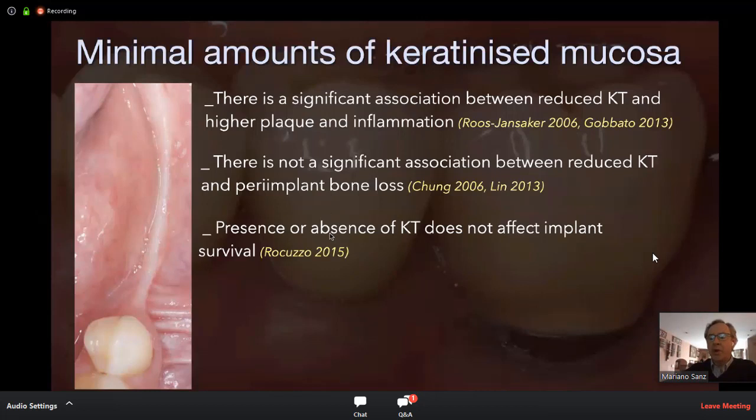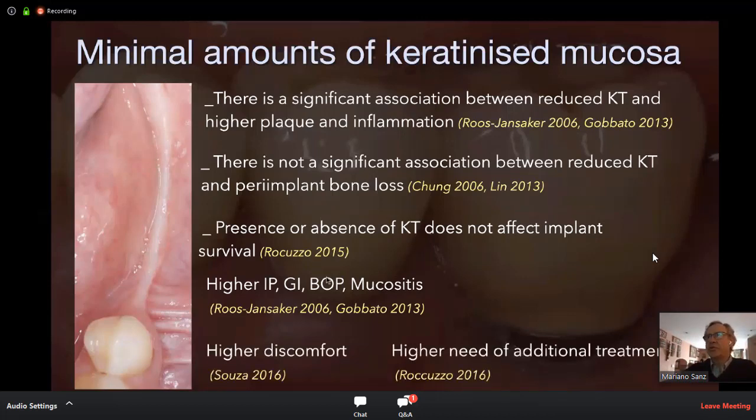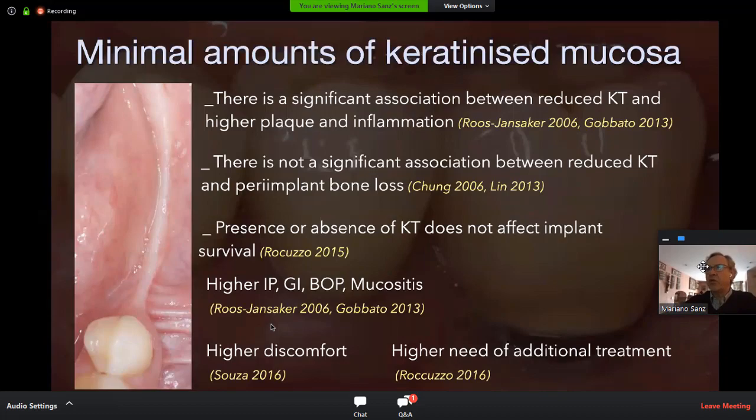However, we know that there is always a higher plaque accumulation, gingival inflammation, peri-implant mucositis in those situations of lesser amount of keratinized tissue. And also this is coupled with discomfort to the patient when brushing, and many times with the need of additional work in the sense of visits from the patients or recalls.